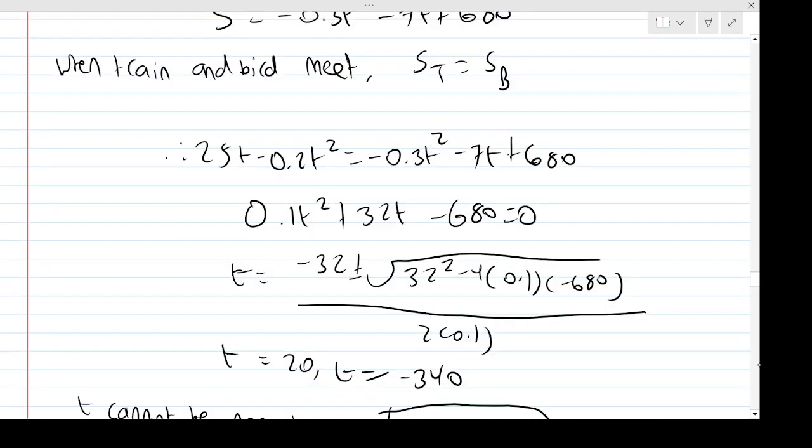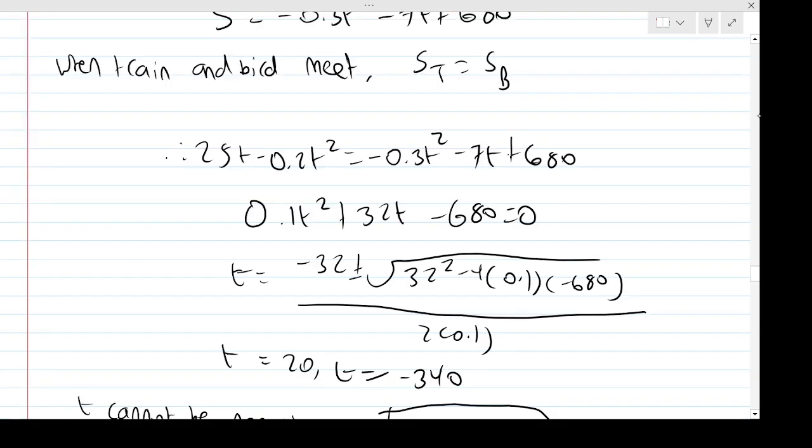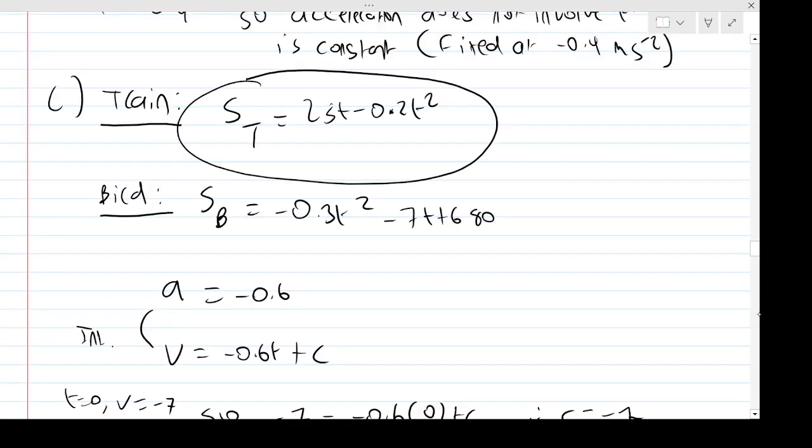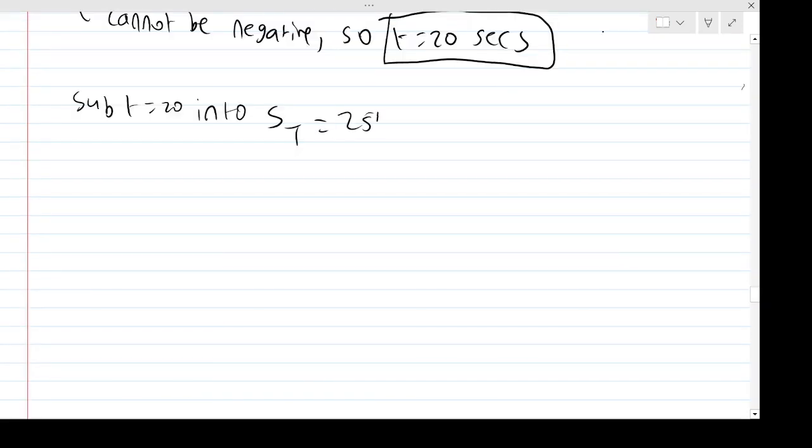So if I sub t is 20 here into S of t is 25t take away 0.2t squared. So that means S is going to be 25 lots of 20 minus 0.2 lots of 20 squared.